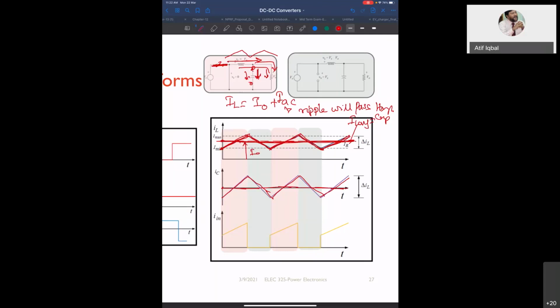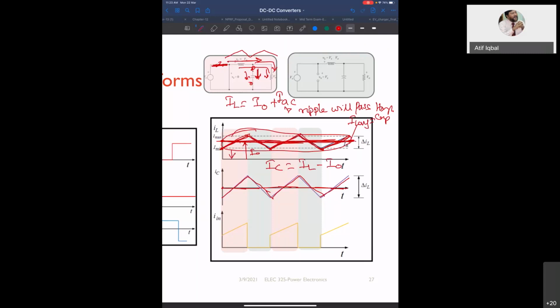Now, when you remove this average value or the offset value from the ripple, what will happen? The whole curve will shift down, will be subtracted. So the capacitor current will be equal to the inductor current minus the load current.